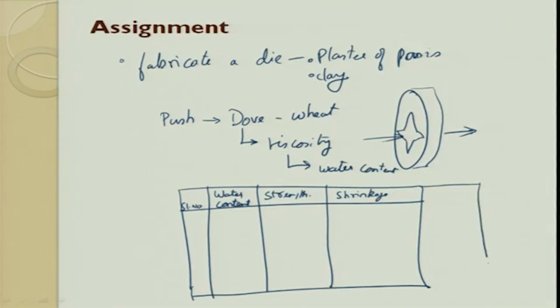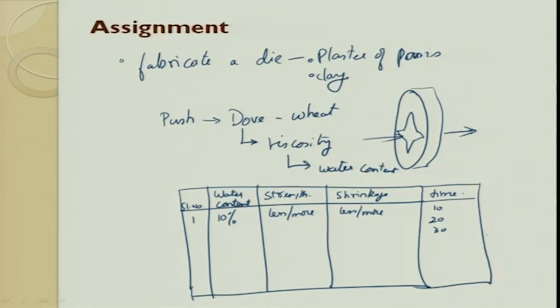One more column you can open with respect to time. So, serial number 1, water content, say for example 10%. Strength you can take in qualitative terms, less or more; shrinkage again less or more; and time, you can say after 10 minutes, 20 minutes, 30 minutes, what happens to the same component.